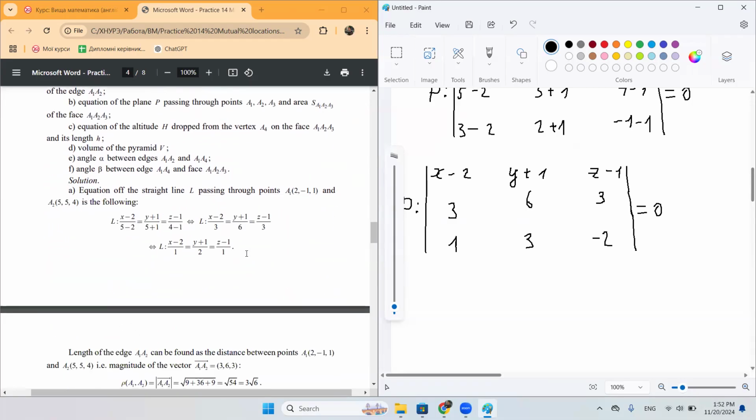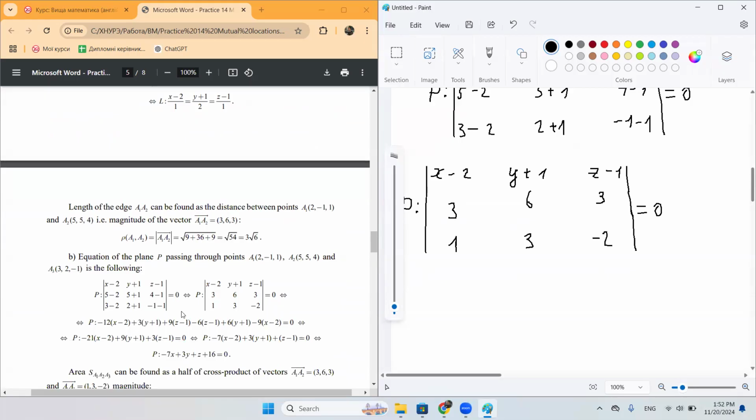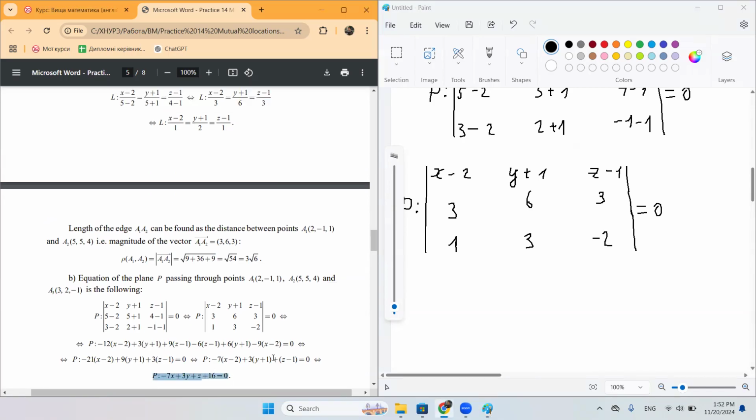Okay, and basically we skip calculating this determinant. So this is the final equation of the plane. This step is correct, and there we just need to calculate the determinant and expand brackets, and here is the final general equation of the plane P: minus 7x plus 3y plus z plus 16 equals 0.